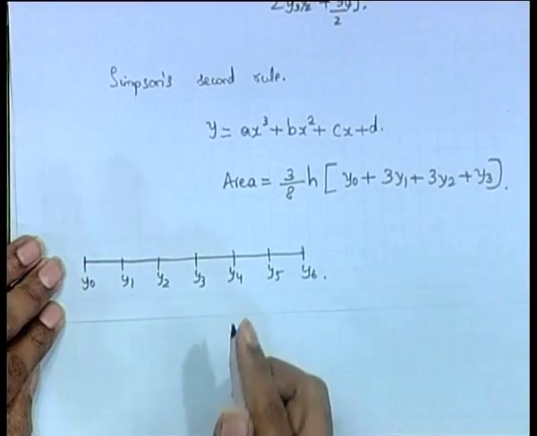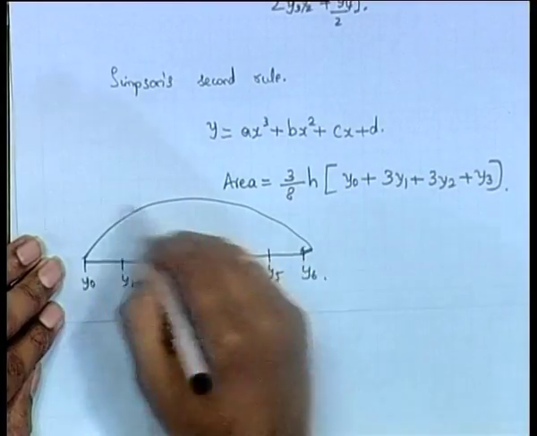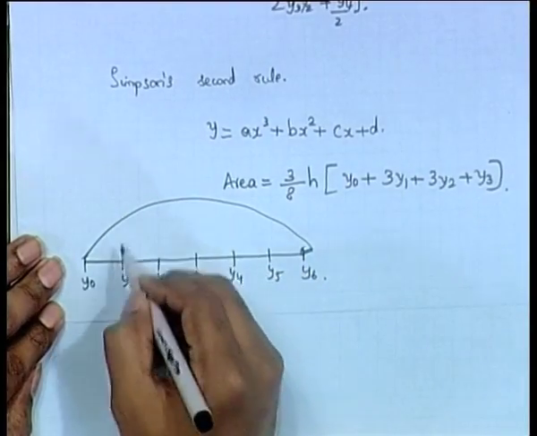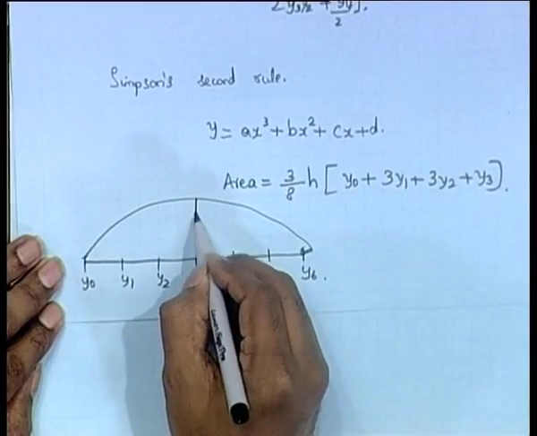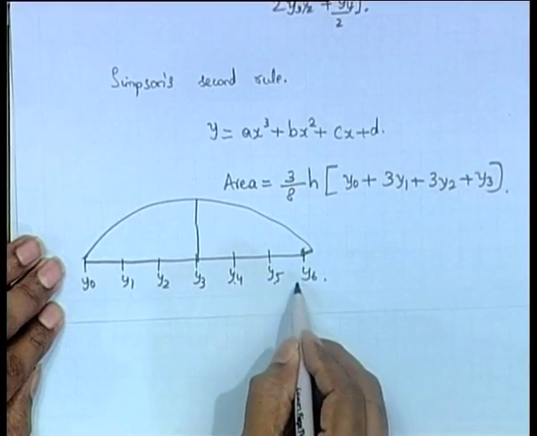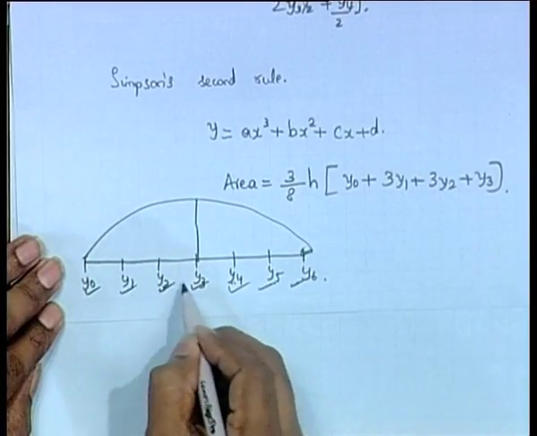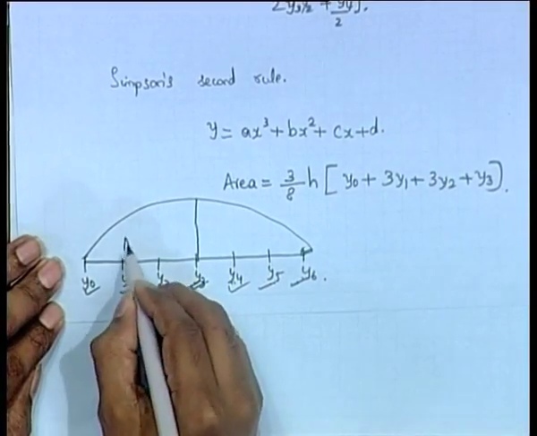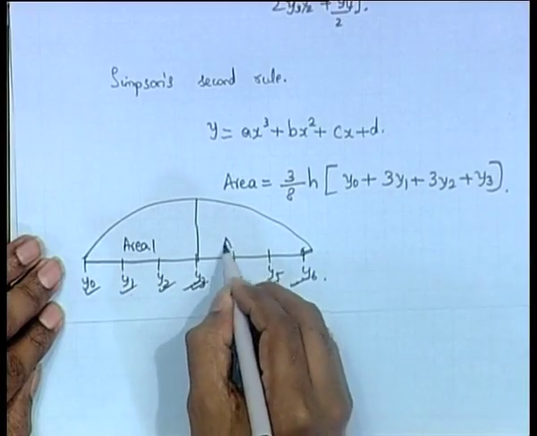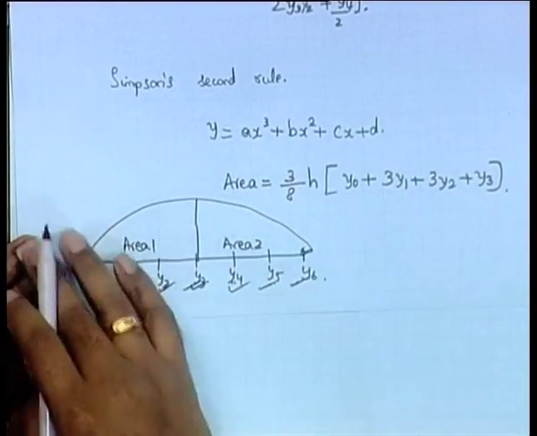If you are asked to find the area of this curve, you can divide it into regions: 4 ordinates here, 4 ordinates here. You find the area of this section, and then you sum them up. That will give you the total area of this whole section.